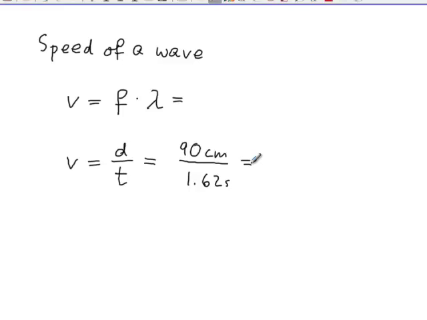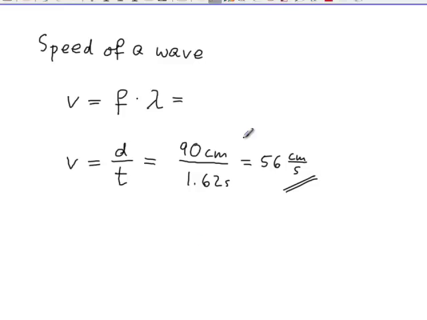So I have 90 divided by 1.62 gives me 55.6, or around 56 centimeters per second. As far as significant figures goes, well, I got 3 here. This one here, technically, I did try to measure the closest centimeter, so technically this is 2 significant figures, which can be only seen from the context that I used it at. So it's not rounded from 86 to 90, but I tried to measure to really 90 centimeters.